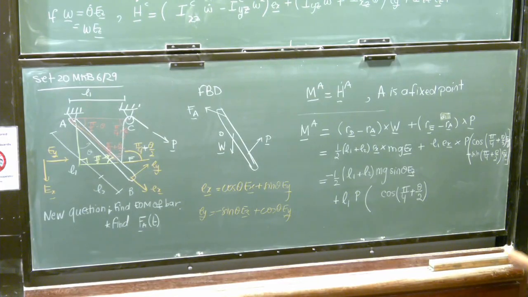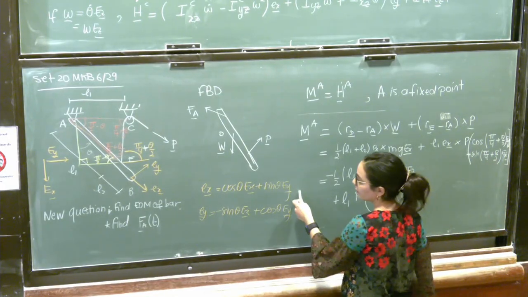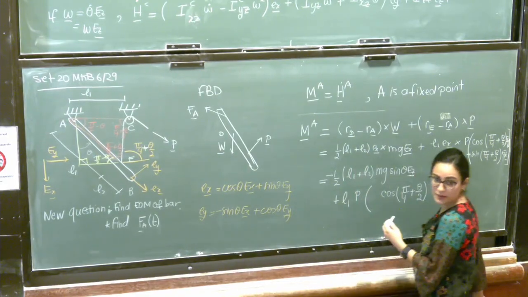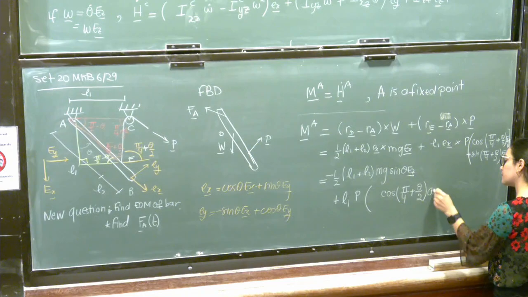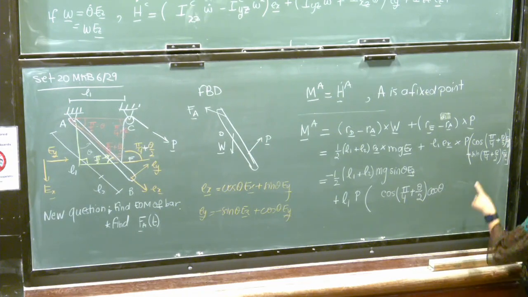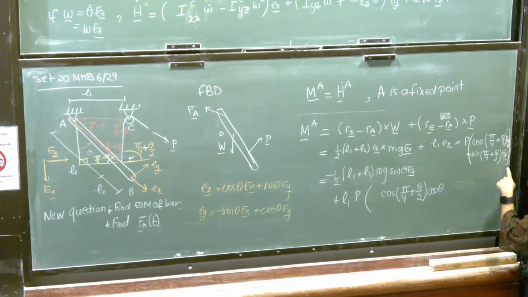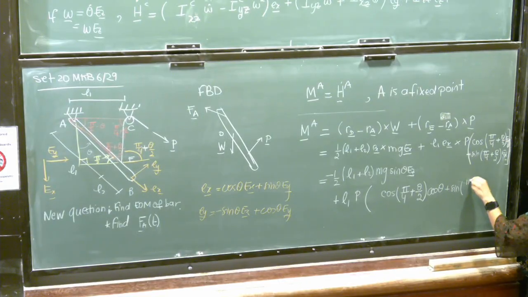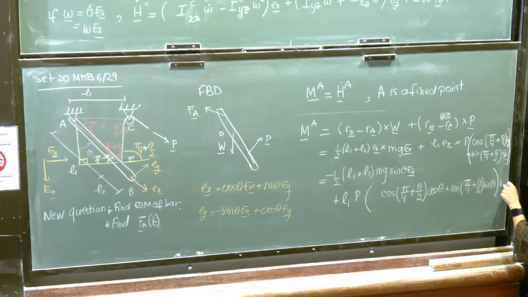Small ex cross big ey is cosine theta az, right? And then this one, small ex cross big ex is what? Right. Okay. So that's the first part of the equation, the sum of moments about A.